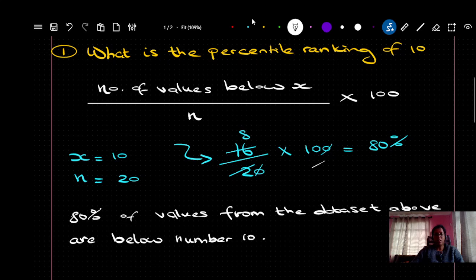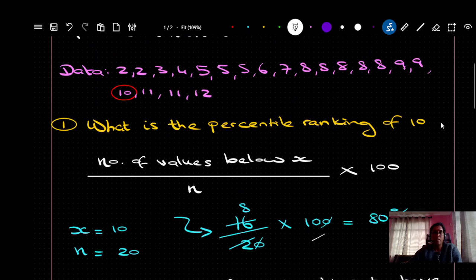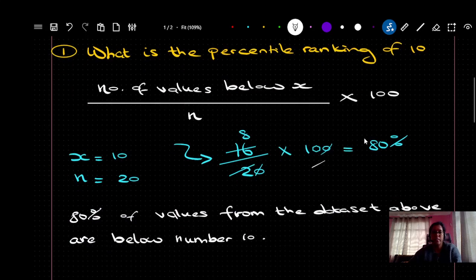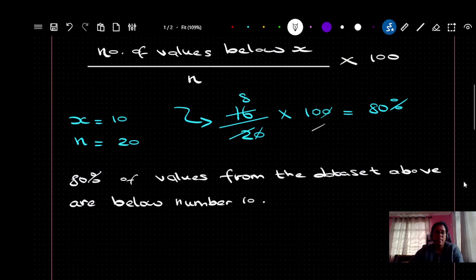It's not about the number itself, it's about what it represents in the dataset: 80% of values in this dataset are below that number 10. Good. This is percentile.